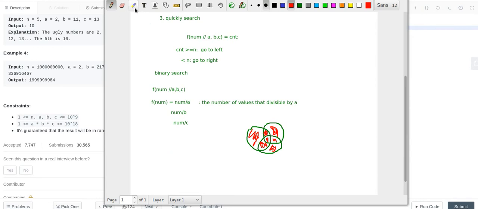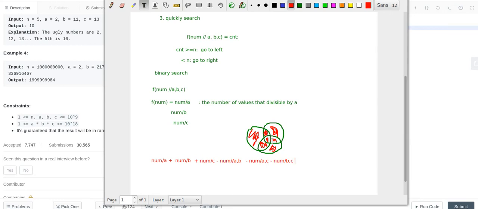When we get the count for a and the count for b and add them together, we have the overlap calculation. So we have to get the numbers divisible by a or b, and then add the count for c, and subtract the overlaps for a and c, and for b and c.